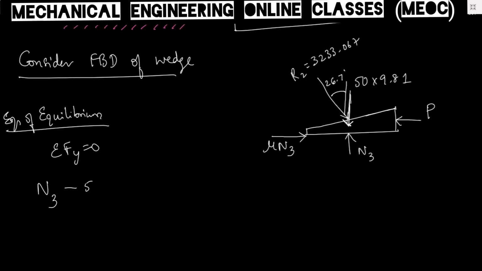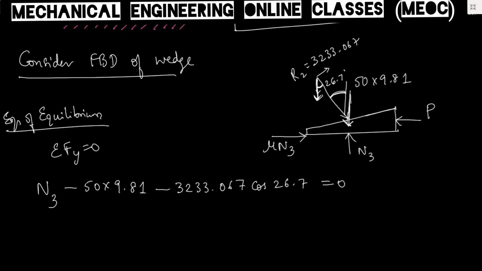So N3 minus 50 into 9.81, then the vertical component of R2 is negative, so minus 3233.067. The component is cos 26.7, because if this angle is 26.7, then this particular component will be cos of the resultant angle.